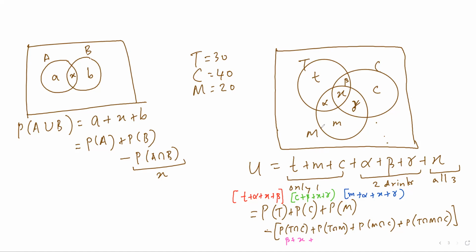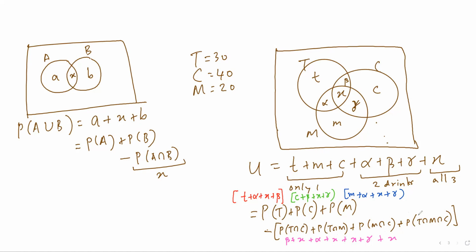T intersection M, that's alpha and X. And M intersection C, that's X and gamma. And the total intersection, T intersection M intersection C, is X.